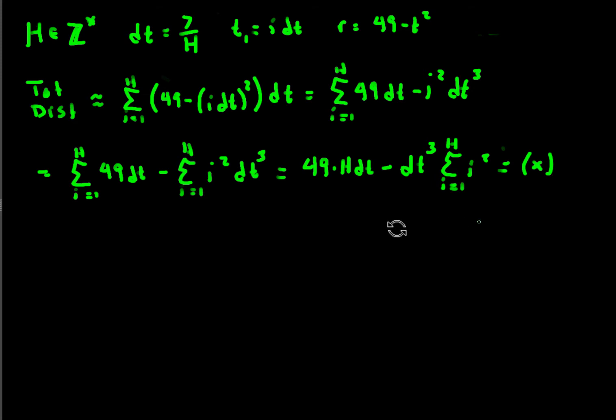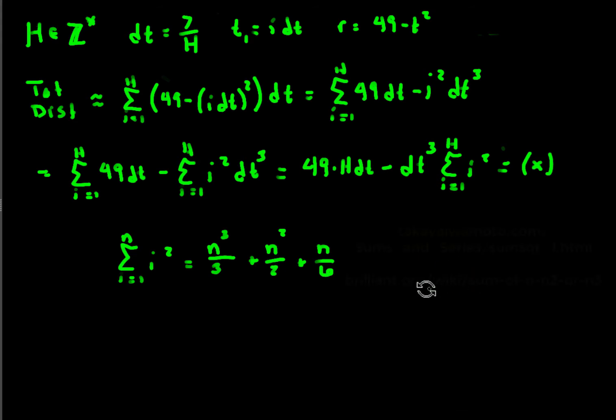We'll come back to this and just write down this fact that the sum from i equals 1 to n of i squared is equal to n cubed over 3 plus n squared over 2 plus n over 6. Now, I don't expect you to know this off the top of your head.